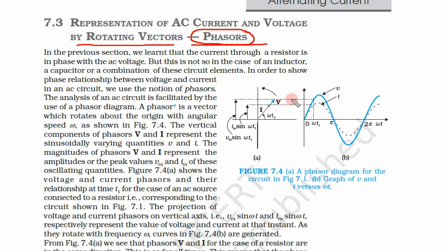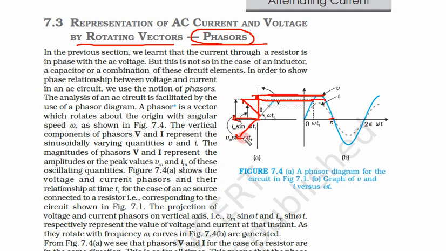So we take a vector for which the maximum value is equal to this maximum value. Now we start rotating this vector. When this vector comes here, we get this value. Further, when this vector comes here, we get 0 value.